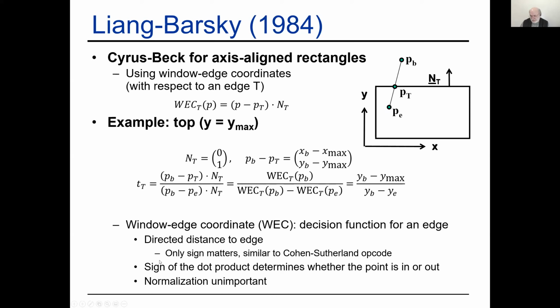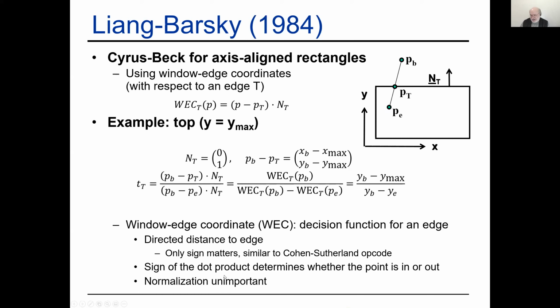later, specifically also for rasterization, because the only thing that really matters here is the sign of that distance function, right? And that's similar to the outcodes in the very first algorithm we looked at, the Cohen-Sutherland algorithm.